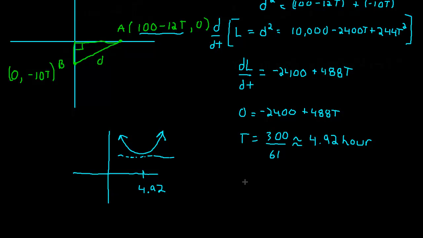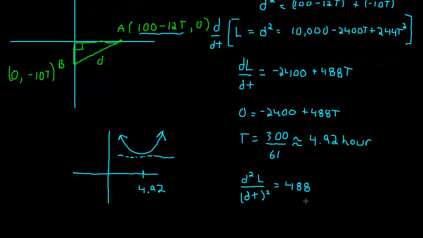Now the other real quick way to do this is just to take the second derivative of this, and by doing that you would have the following. You'd have the second derivative of L with respect to t is equal to, what would it be, 488. Well, what does that mean?